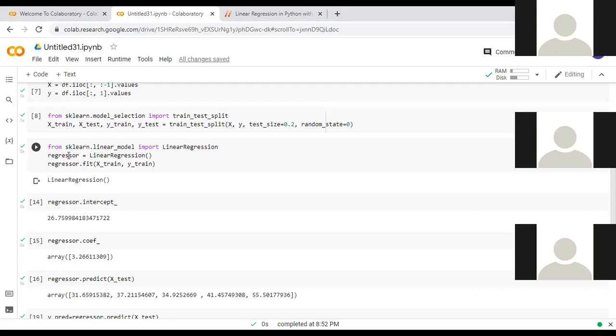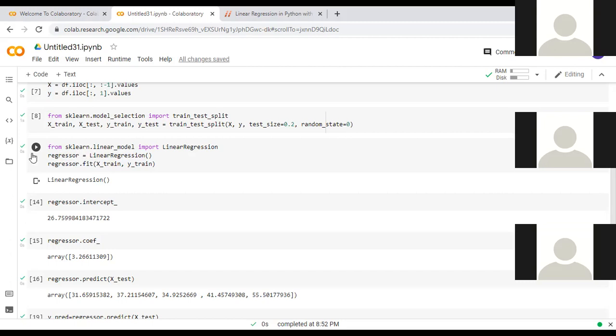So the model is defined over here from sklearn.linear_model. I'm importing LinearRegression, as I want to create the model of linear regression. What is my model? The linear model is linear regression, and this model is defined as regressor.